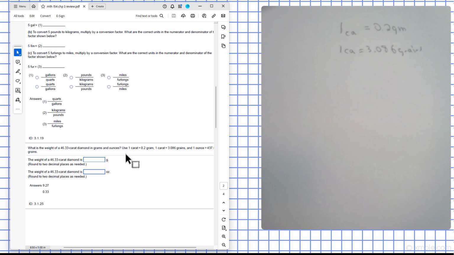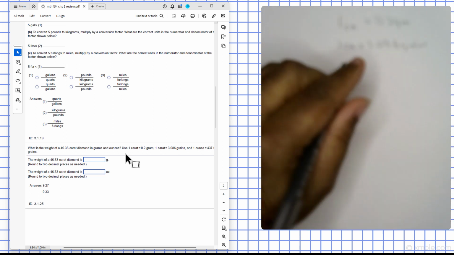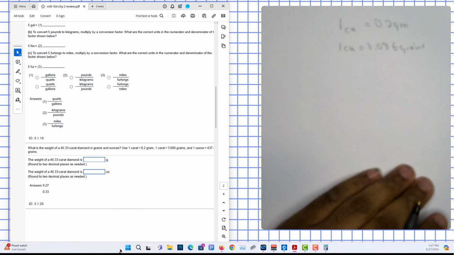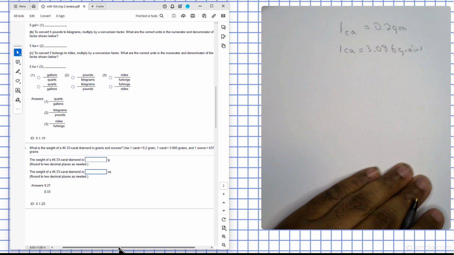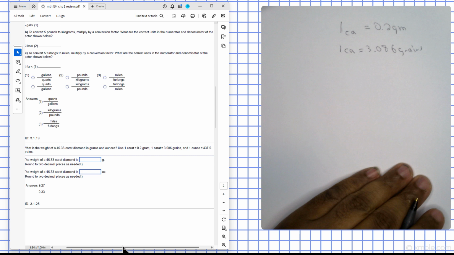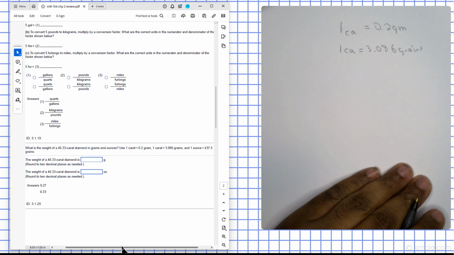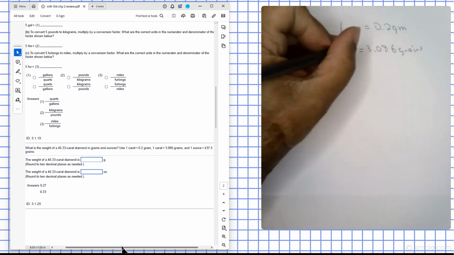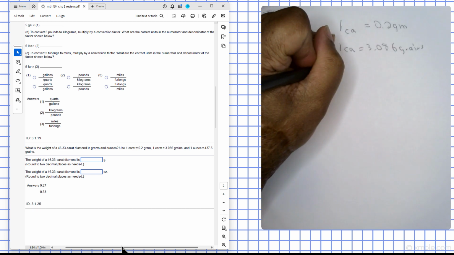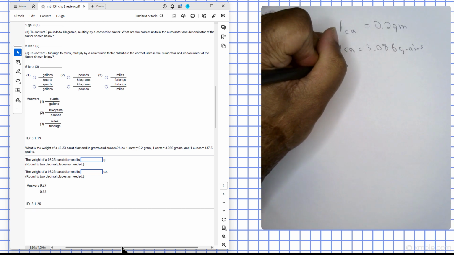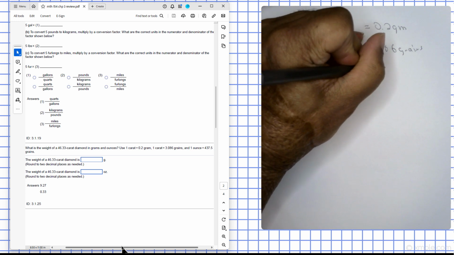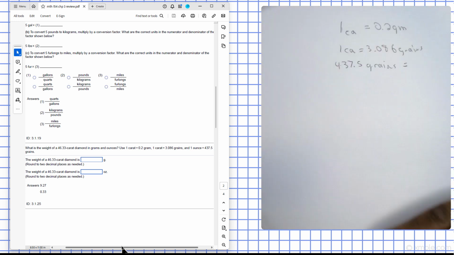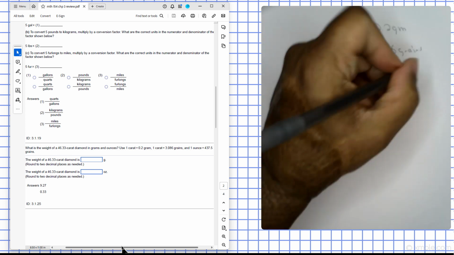And we also see that 437.5 grains is equal to 1 ounce.